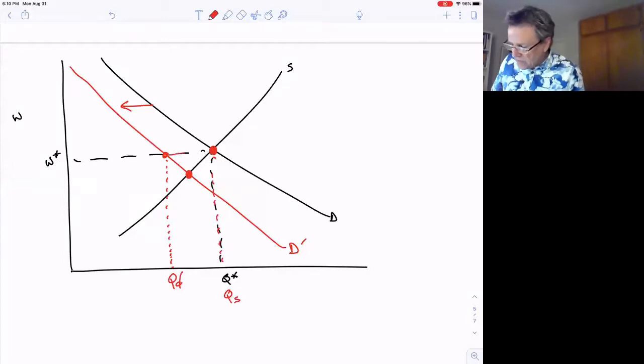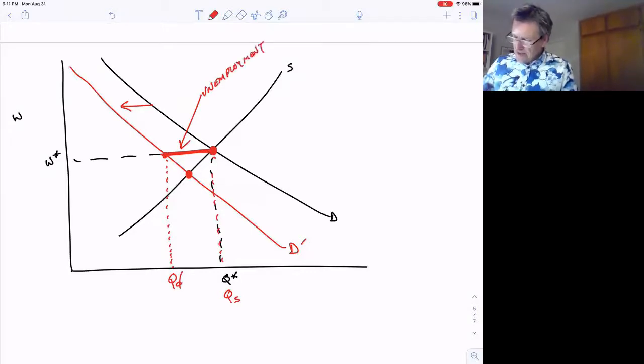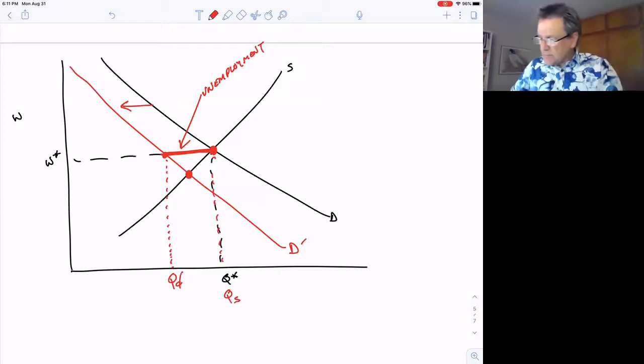And that means that if this wage can't fall, then we would have unemployment of this distance right here. So if the wage is not flexible, we'll have this unemployment, and it could persist for quite a while until the wage fell.